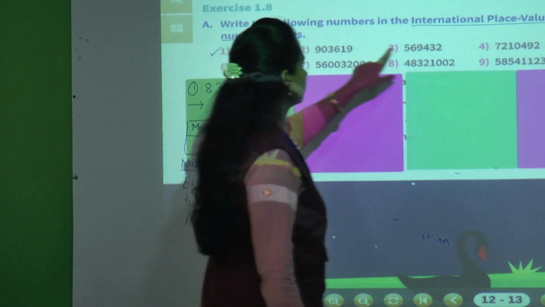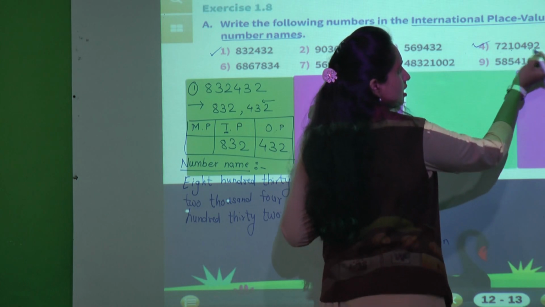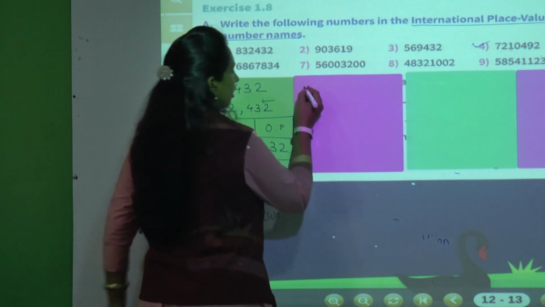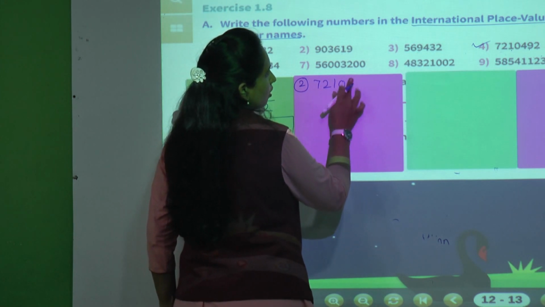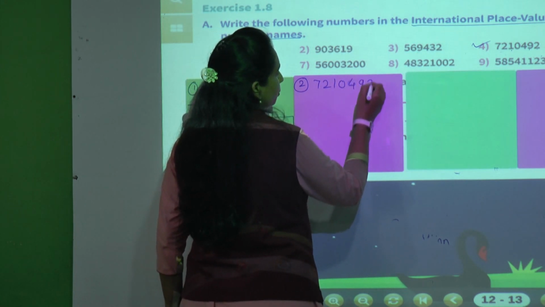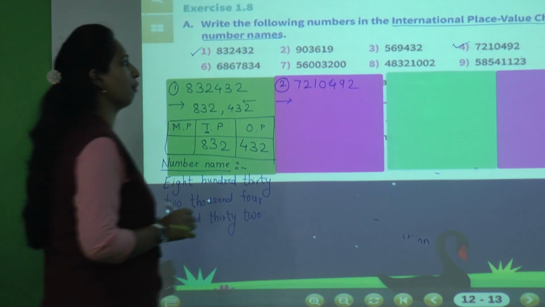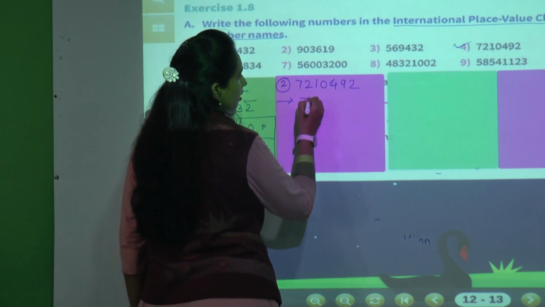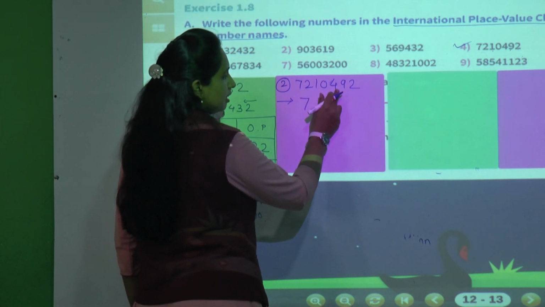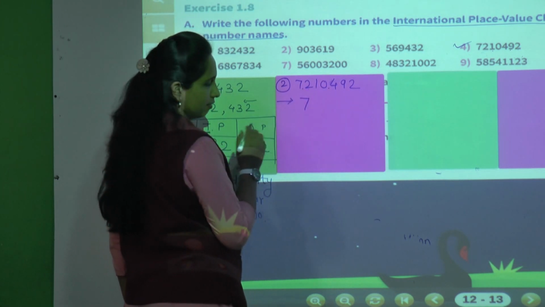Okay, that was a 6-digit number. Now I will take the fourth one, which is a 7-digit number. I will take that number, 7210492. First write the number in standard form. I will write, see, after 3 digits a comma will come, again after 3 digits a comma will come.